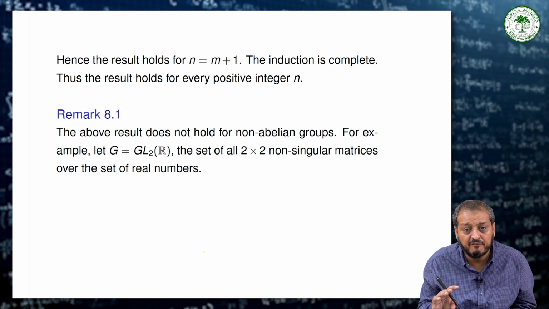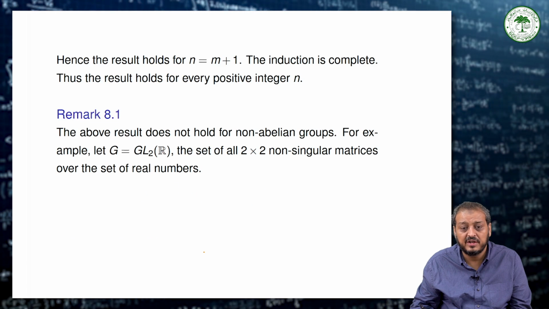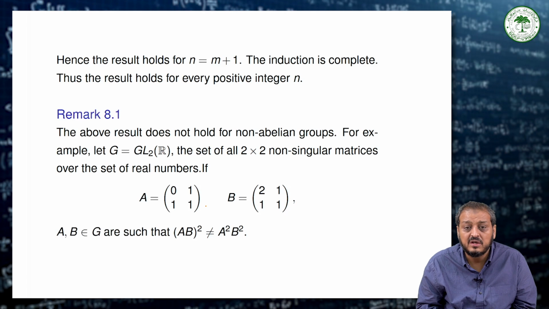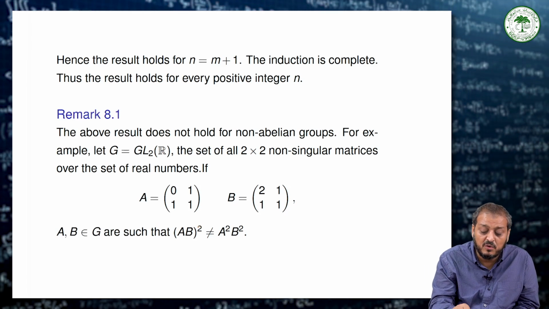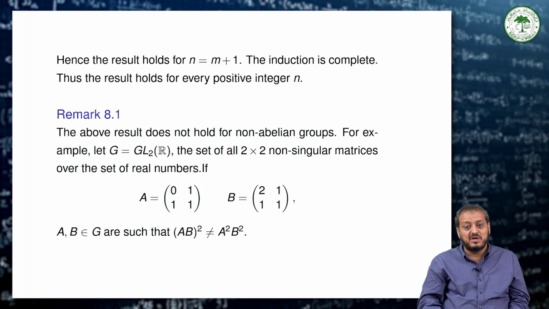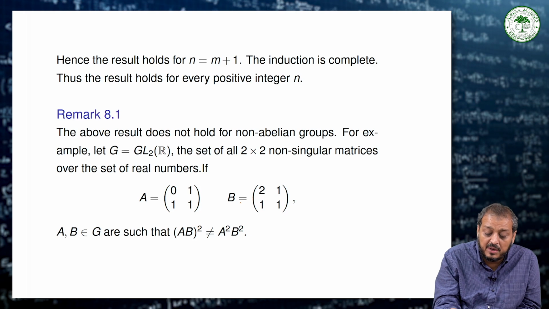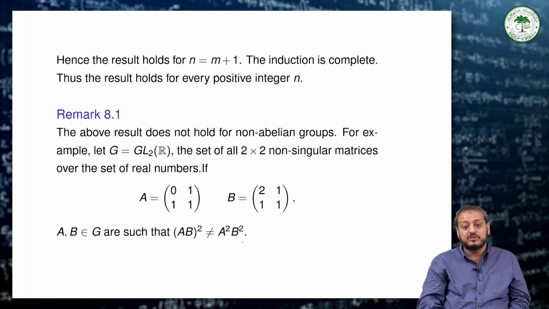Now we check whether the condition is satisfied or not. We take A of this form and B equal to this, and clearly this is a non-abelian group, and (AB)^2 is clearly not equal to A^2 B^2. If we take the product AB and then take the square of this, and A^2 and B^2, we calculate in this form.